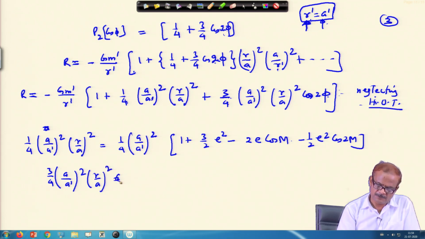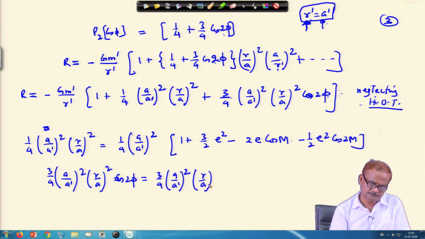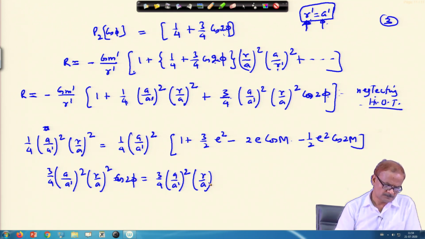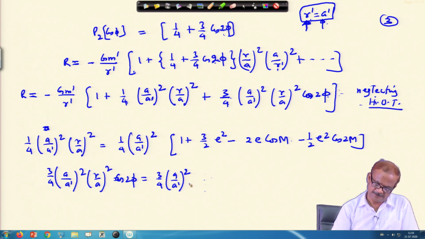A square times cos 2 phi, this we can write as follows. So r by a we have already expanded, so this we delete here, and cos 2 phi we have to expand.